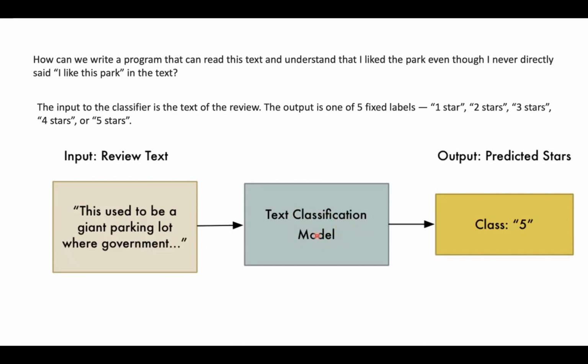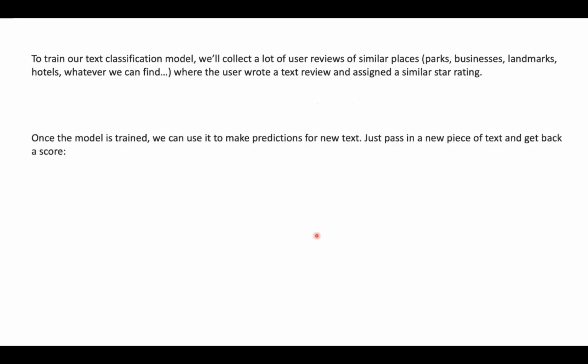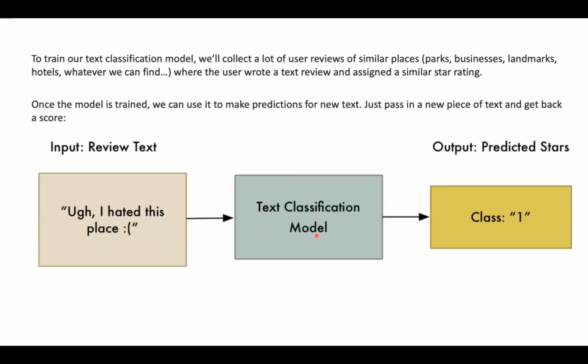So you can see that we just pass a new piece of text and get back the score. We are passing another text, I hated this place, as input to the classification model, and we are getting output as 1 star.